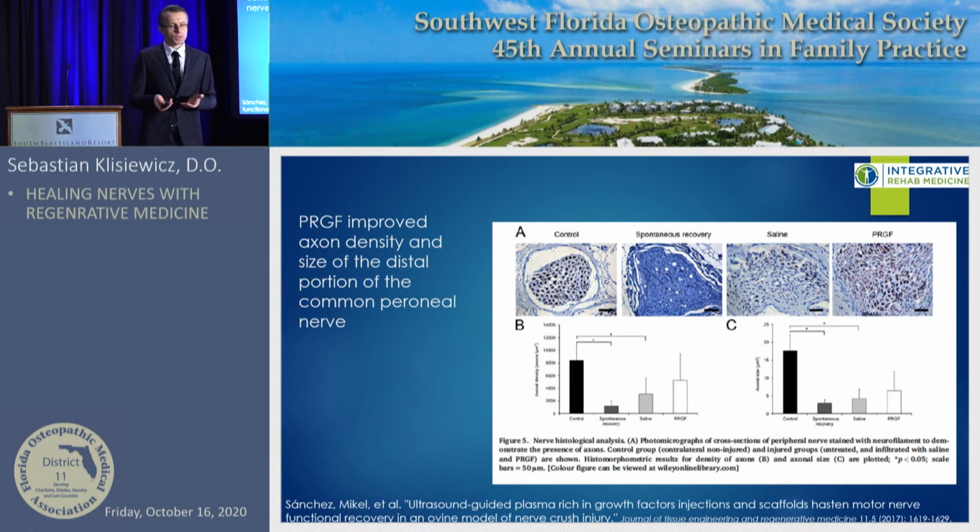So it was really interesting that after those 12 weeks, the distal stump showed significant increase in the axon density and in the size of these axons, very close or getting closer and closer to a normal nerve, while the other nerves did not show that. So again, he showed that in this in vivo study, these axons were regenerating much faster and much better.